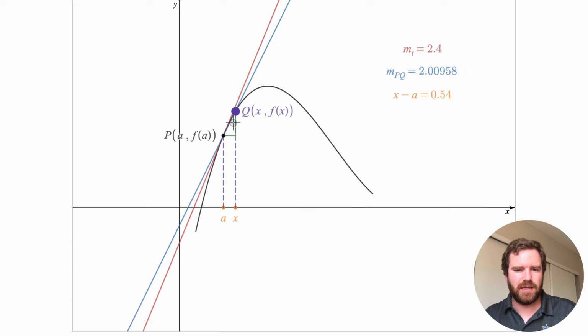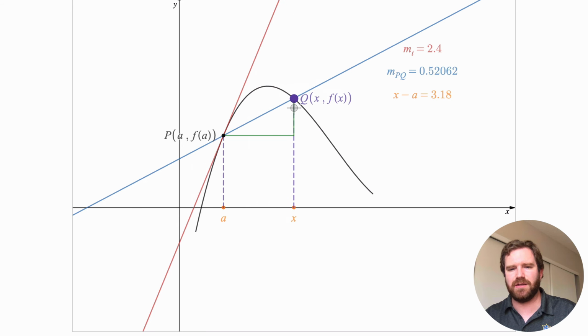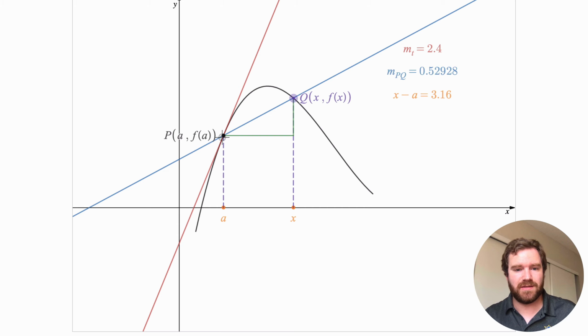The slope of the tangent line seems to be what we want as x gets closer and closer to a, and when x is equal to a, it looks like it turns into our tangent line, but we have an undefined slope there. So if the slope is undefined because our denominator is equal to 0, what can we do to find the slope of our tangent line? Because in order to find the slope of any line, we generally need 2 points. So how would we find this slope?